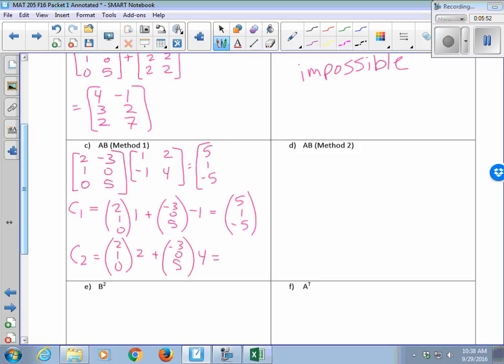And so that's going to be 4 plus -12 is -8, 2, and then 0 plus 20, 20. I did something wrong, didn't I? -8. Yeah, -8. Thank you. So that's the second column of my answer matrix, -8, 2, 20.